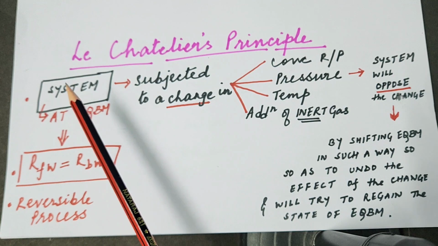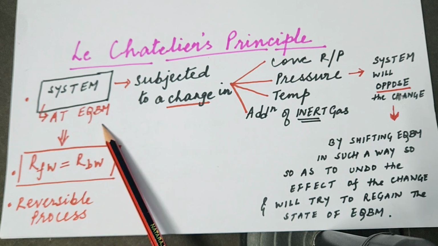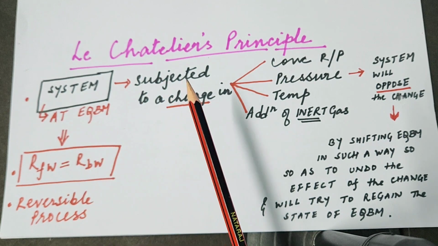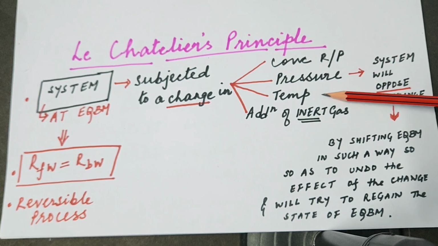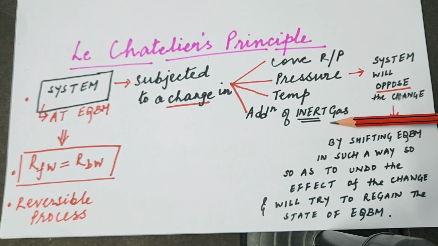So a system which is at equilibrium, if it is subjected to a change either in concentration of the reactants or products, or a change in pressure, or a change in temperature, or even addition of an inert gas takes place, then this system is going to oppose the change.